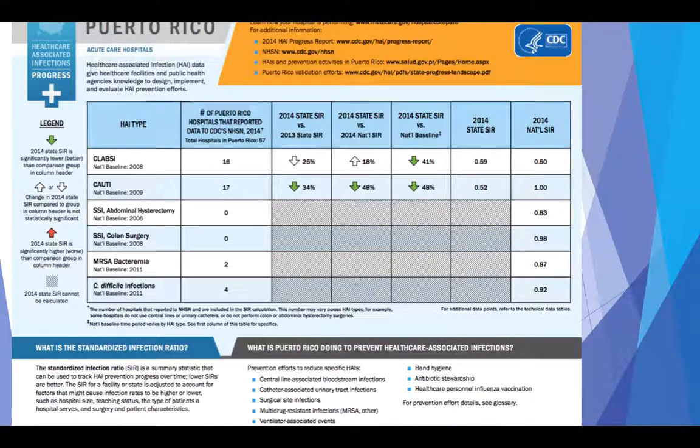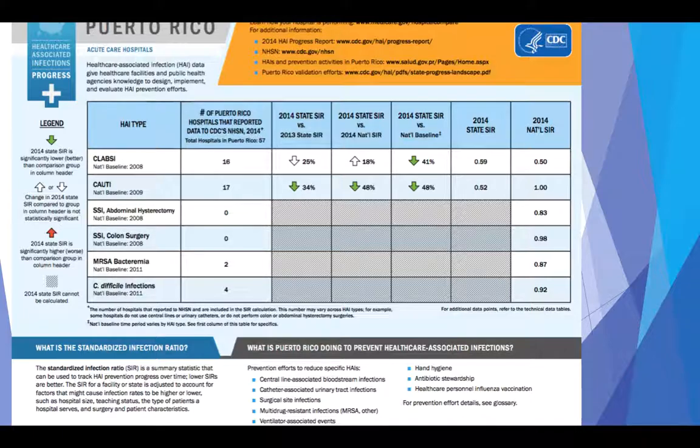In this table summarizing Puerto Rico's cases that were reported, we can see that comparing the year 2013 and 2014, CLABSI and CAUTI were both decreased by 25 and 34% respectively.